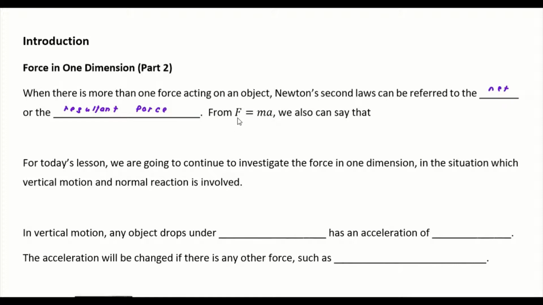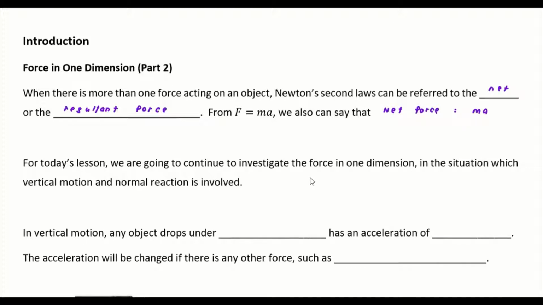If we have more than one force, we combine the forces, and that is how we get the net force. So the law can be written as net force equals ma. This is the idea that we used in the previous lesson as well.